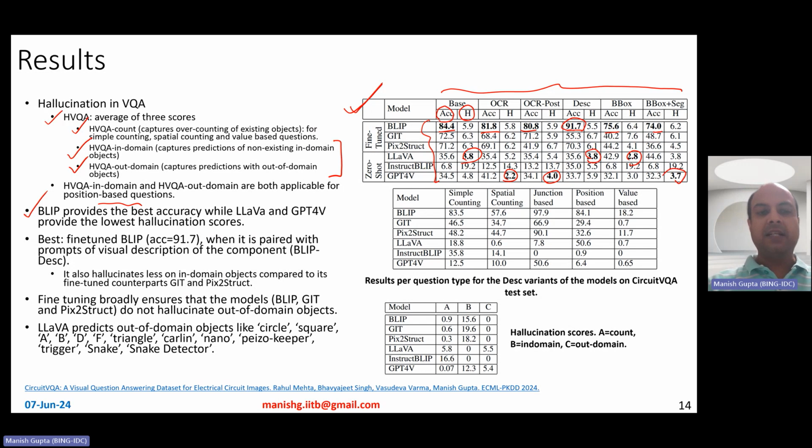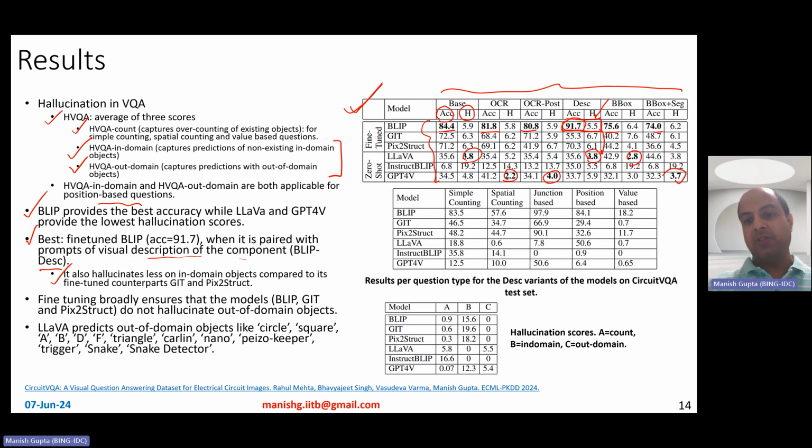Now, the best model amongst all of these is the fine-tuned BLIP when it is paired with a prompt of visual description of the component. We call it BLIP-desc, which is basically description. Its hallucination score is not the lowest, but it is pretty comparable with the hallucination score obtained by LLaVA. It also hallucinates less on in-domain objects compared to its fine-tuned counterpart.